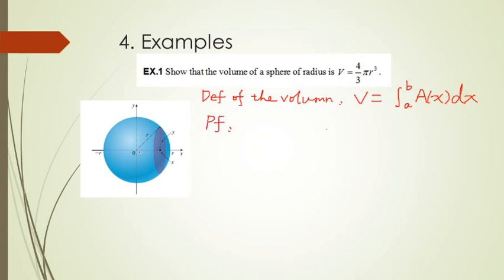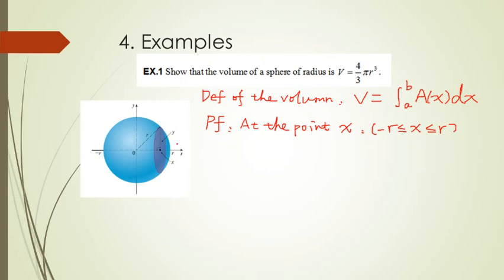At some point x, you can choose your x either on the negative part or positive part, and we know this x is between minus r and r, right? At the point x, let's check the graph.